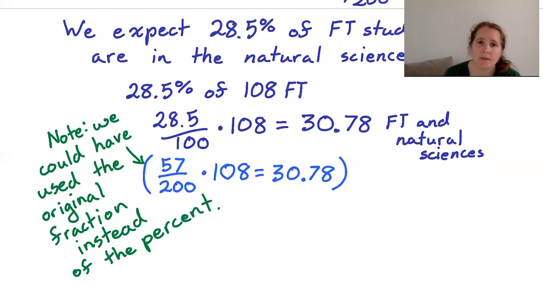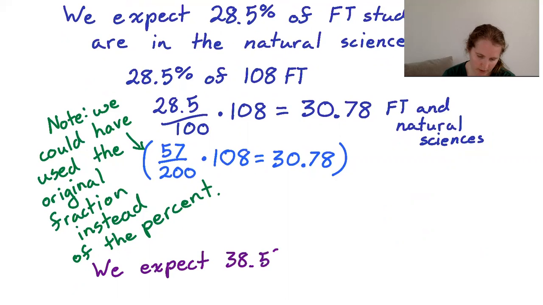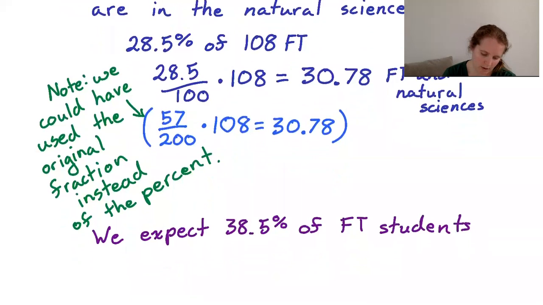So we'll do the same thing for each of our classifications. Again, we expect 38.5% of full-time students are in the social sciences.